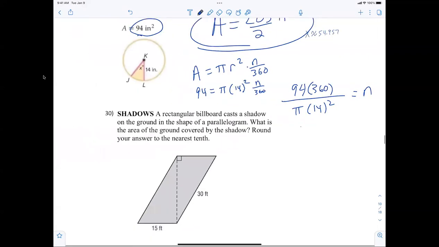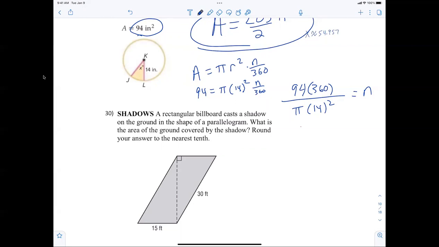Is it okay if I did 94 equals 196 pi and then I divided by 196 pi and then multiplied by 360? Well, we're going to find out here in a minute. Isn't that what you did, kind of? Yeah. What is that answer? 5 over 49. No. Over.